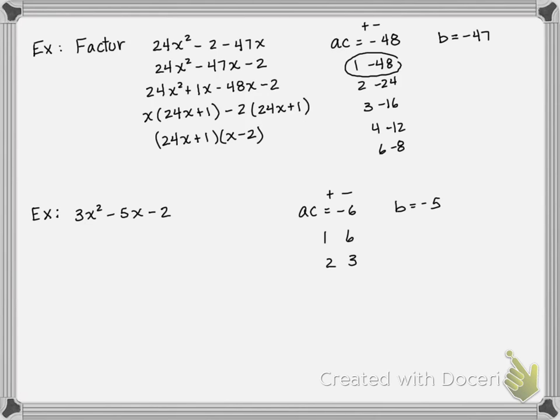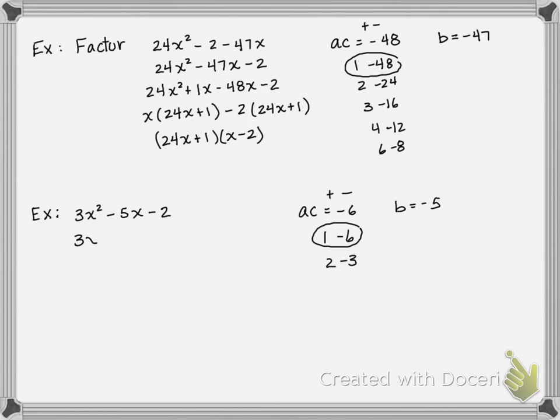I need one of each. And so because they add to a negative, I know the bigger one is going to be negative so that it outweighs the positive. And so these are my two numbers. Because if I did 2 and negative 3, that would add to negative 1 instead.